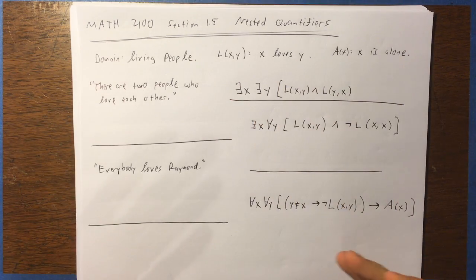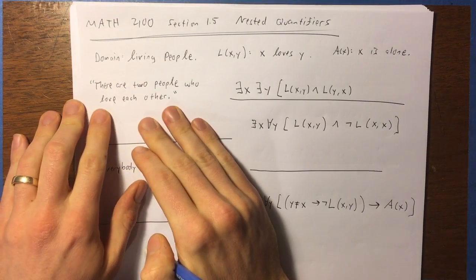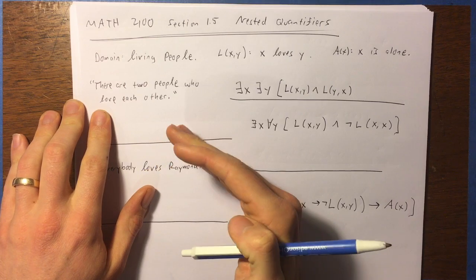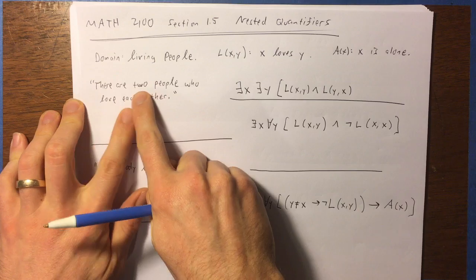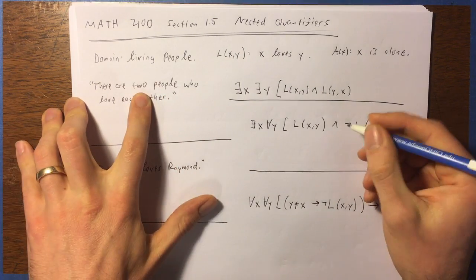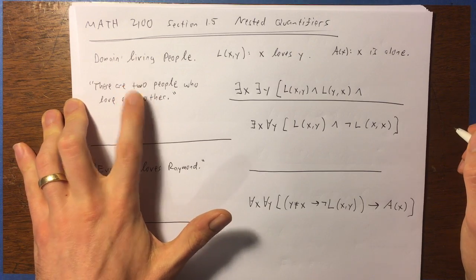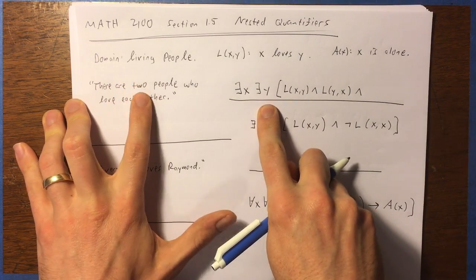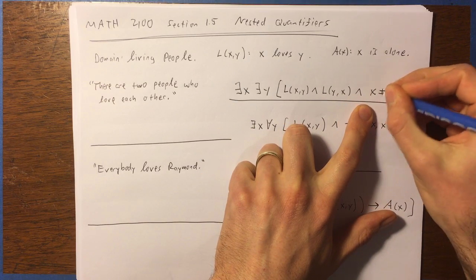And what we want here, I think it's clear, sort of implied, but I think it's clear in the statement that these should be two different people. It says two. I think it's pretty clear, right? It's not even implied. Two people. So we need to make one more statement here in order to verify that these X and Y have to be different. I'm just going to include another and say X is not equal to Y.